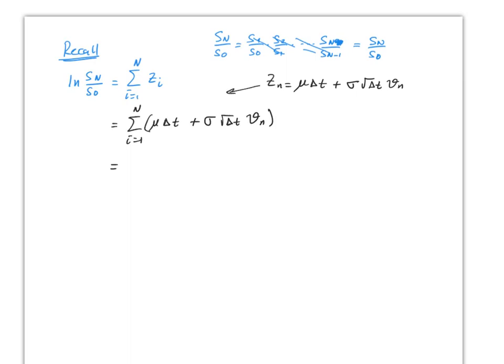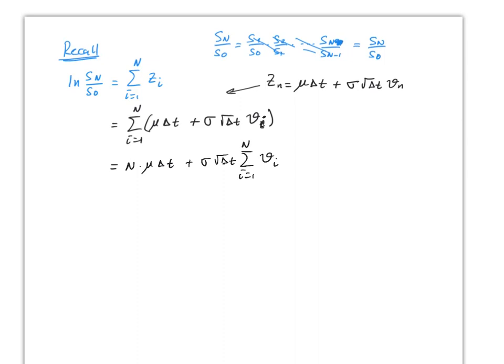And notice that this one doesn't depend on i, so therefore this is just going to be n times mu delta t, and this will be plus sigma delta t times the sum from i equals 1 to capital N of epsilon i.